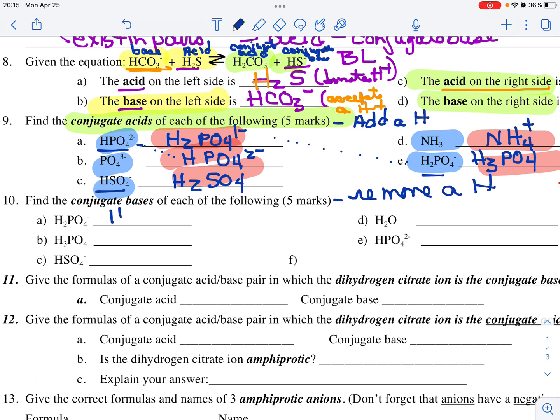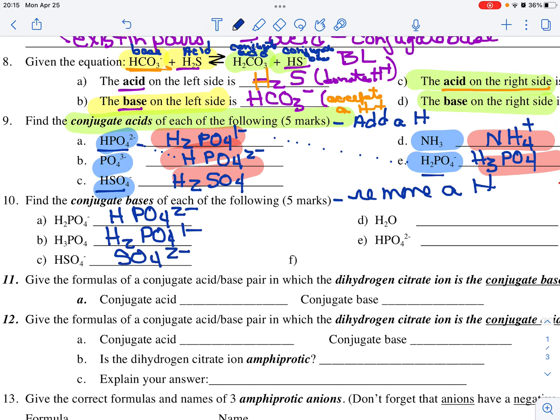So here we're going to remove a hydrogen. Our H2PO4- will become HPO4 2 minus. For B, we will remove a hydrogen. Removing a hydrogen, that will become sulfate.